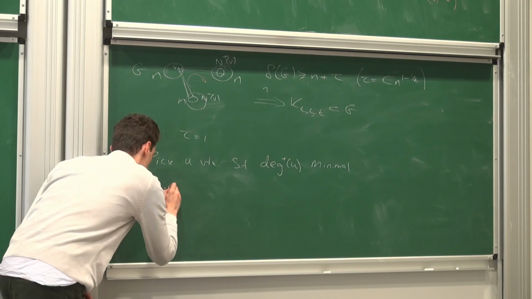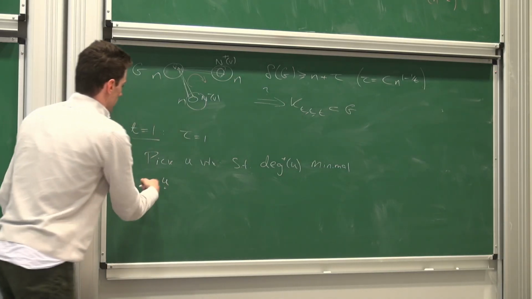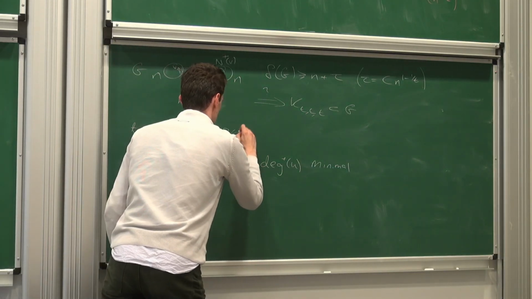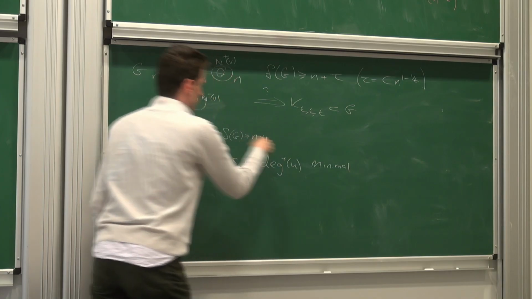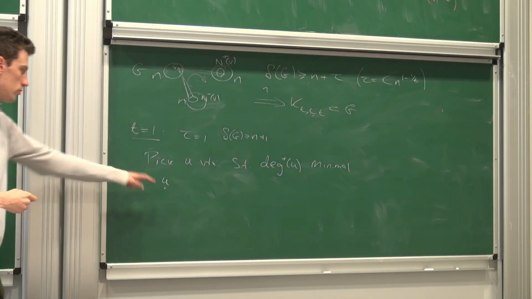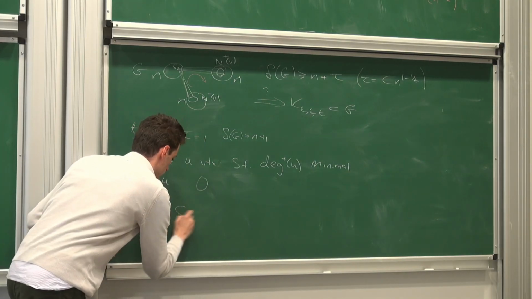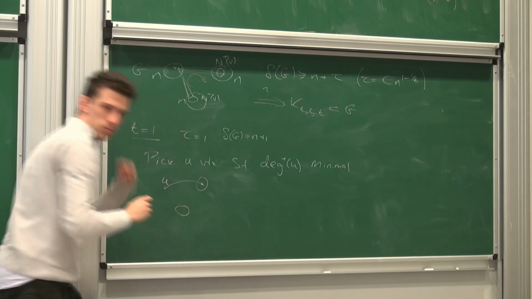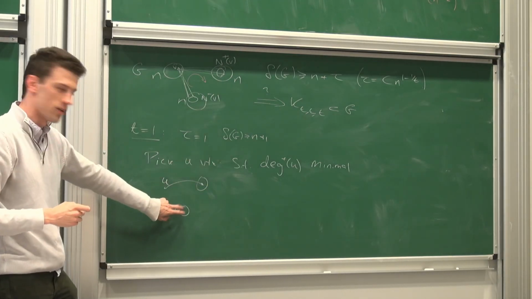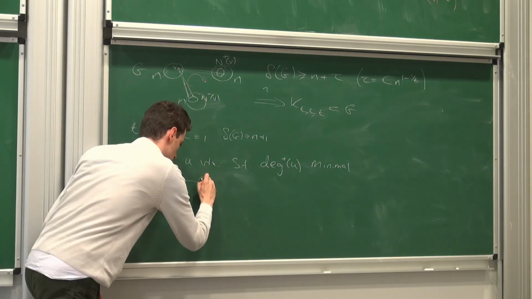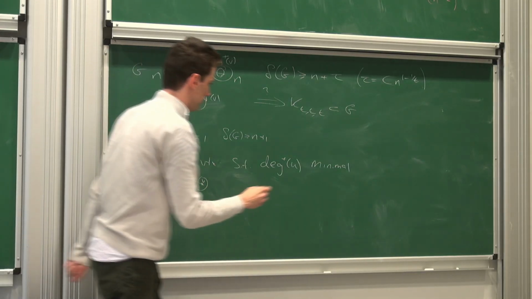So here's U. Now the graph has minimum degree at least n plus 1. So U has a neighbour in the next part. Because there are only n vertices here, it has to have a neighbour in the next part. So we've got a neighbour, V.